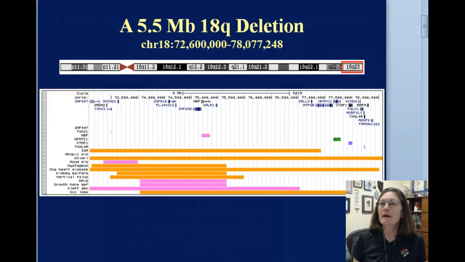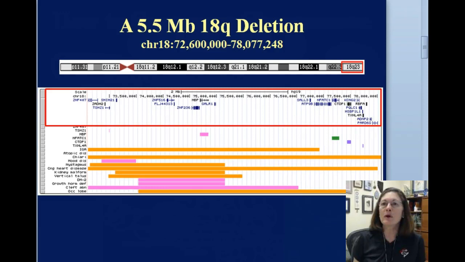Here is the viewing window, a zoomed in view of what's shown in the red box. This image has three parts. At the top are the UCSC genes, which shows every single gene in this region of chromosome 18.